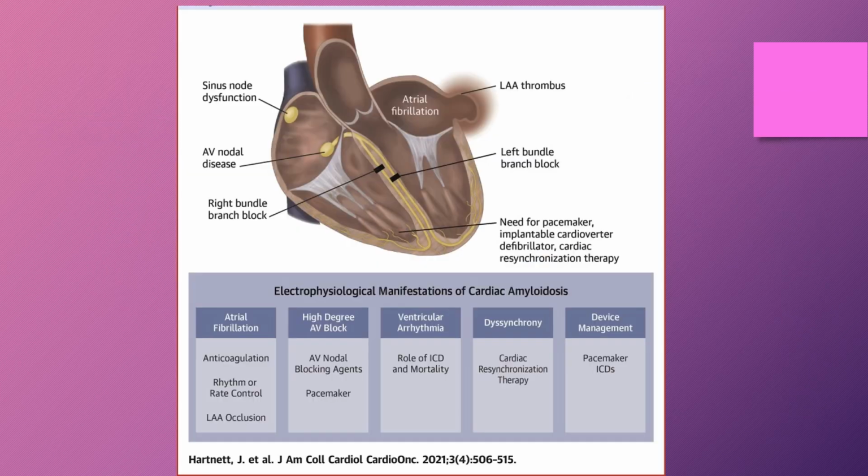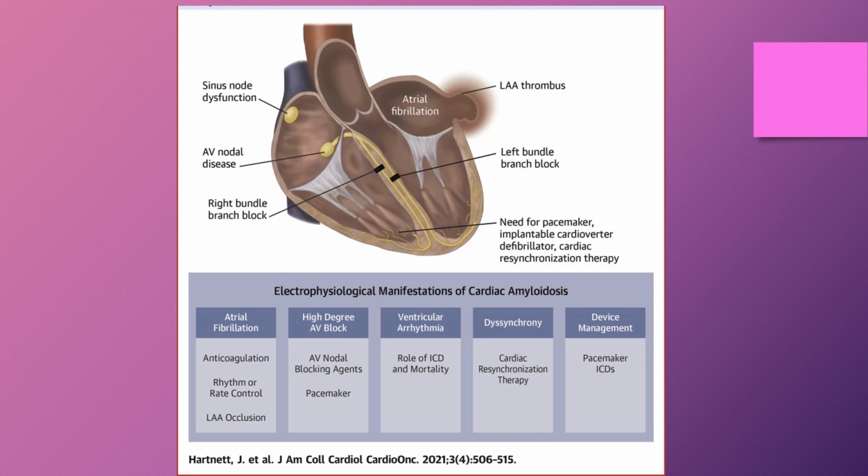This is another diagram showing the effects of it and the electrophysiologic manifestations of cardiac amyloidosis. Patients will often get AFib, high degree AV blocks, ventricular arrhythmias, dyssynchrony, or end up having device issues where they need device management of their arrhythmias, such as needing pacemakers and things like that.